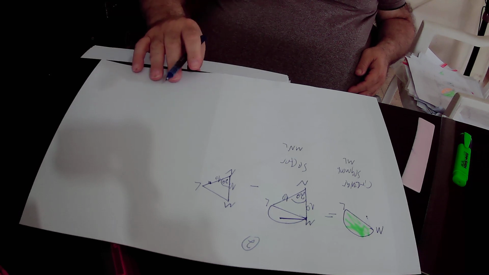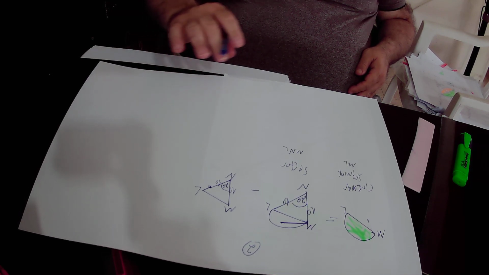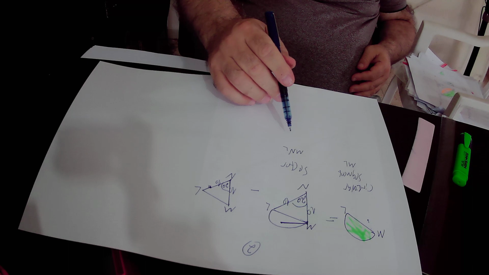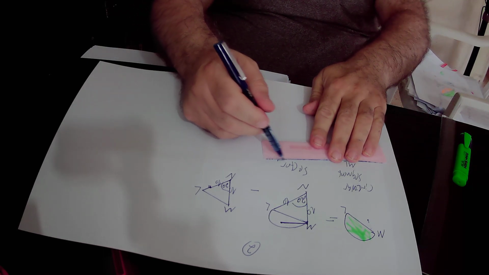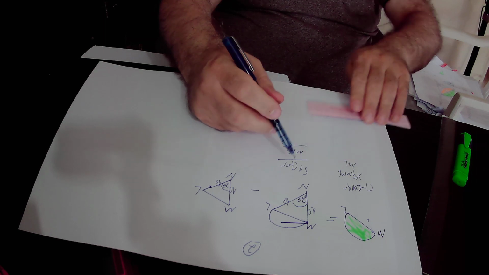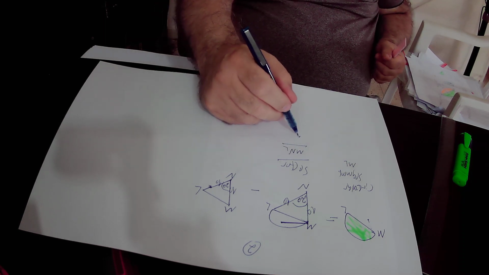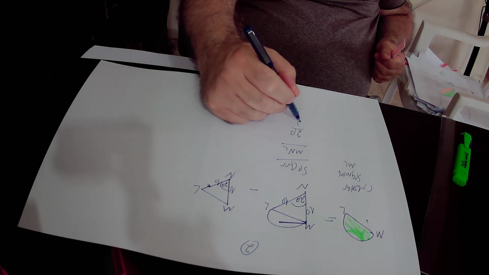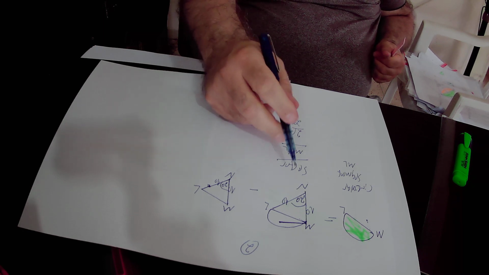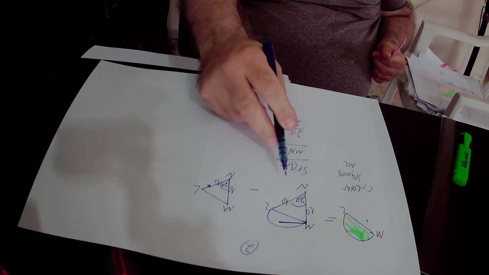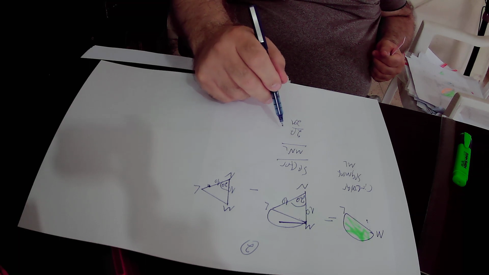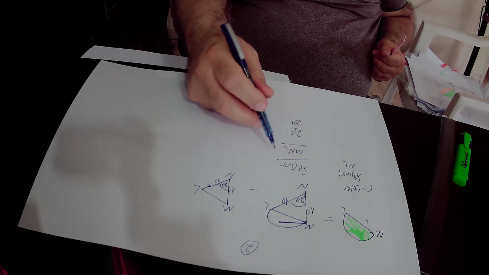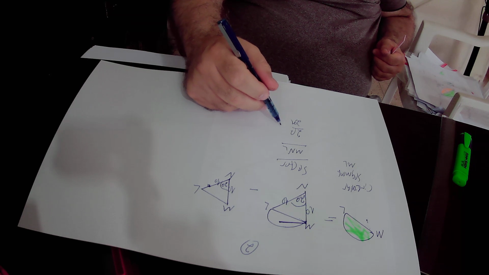So the area of sector MNL equals 2 theta over 2 pi times the area of the circle, that is pi r squared. R is 10, so the area of the circle is pi times 10 squared.